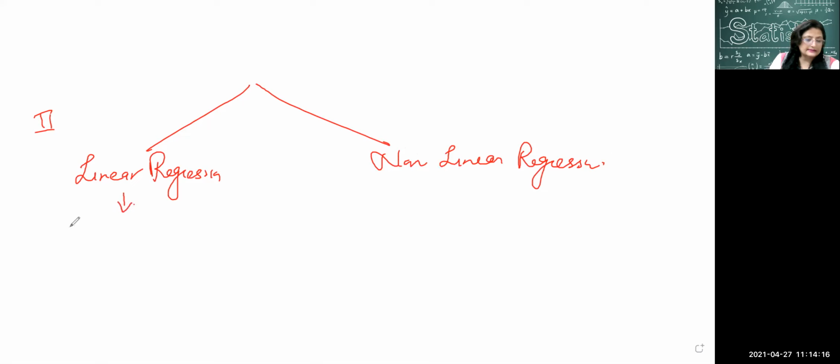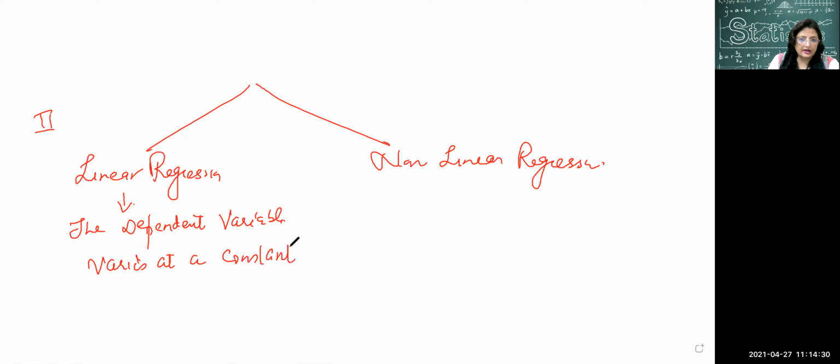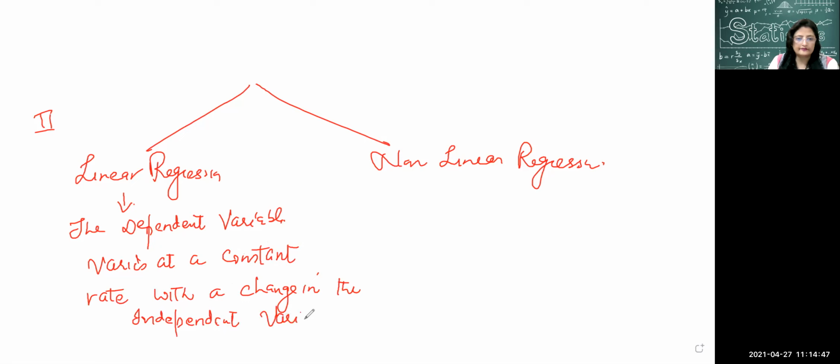Linear regression means the dependent variable varies at a constant rate, with a change in the independent variable. The change in the independent variable. Right?